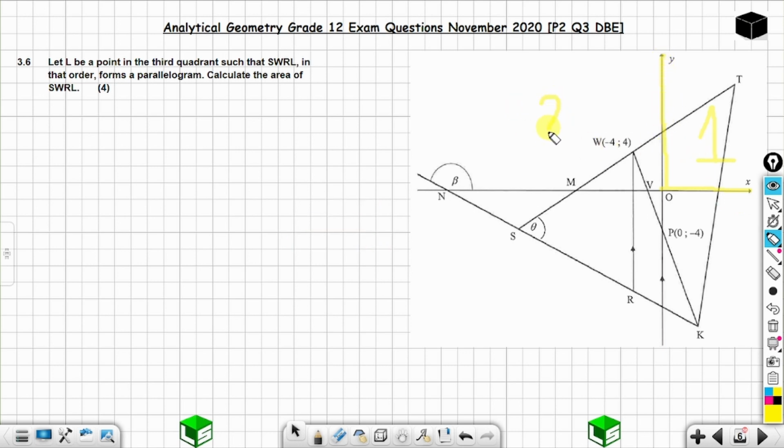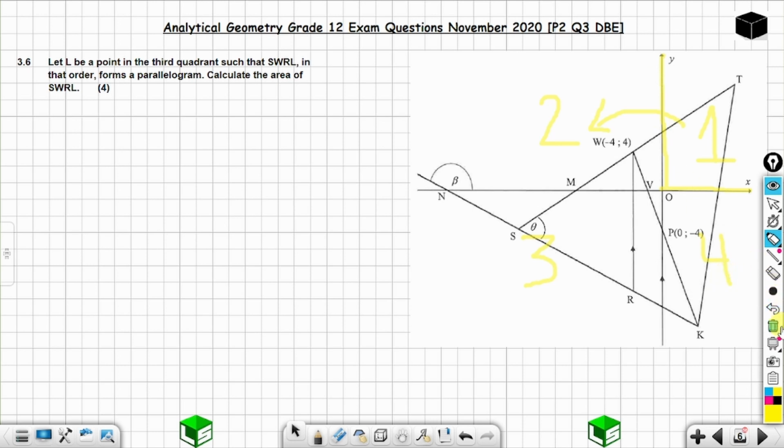So this is the second, and this is the third, and this is the fourth, okay. Remember that you go anti-clockwise, like this. First, second, third, fourth.